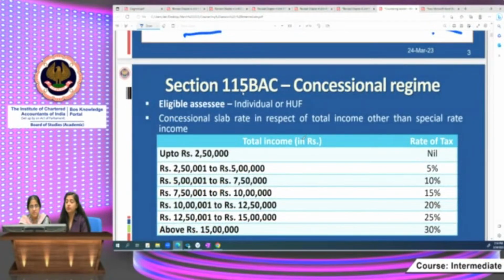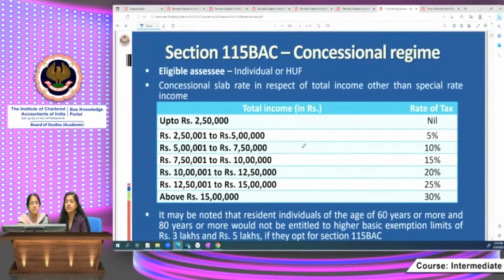Now I come to this Section 115BAC. It's a concessional regime. It's an optional regime, whether an individual or HUF wants to opt for this concessional regime.